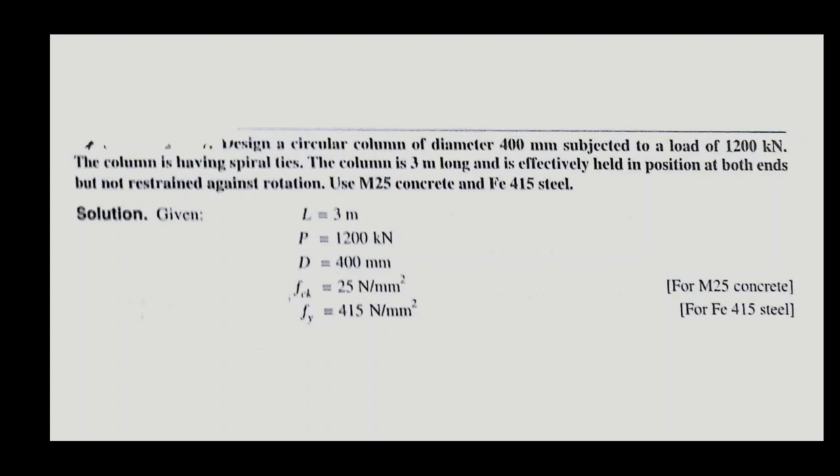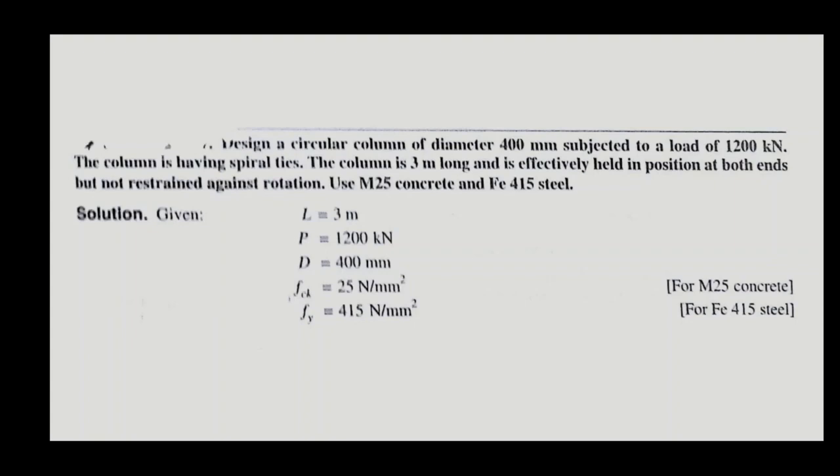Use M25 concrete and Fe415 steel. So this is the problem of helical reinforcement. We have to design a circular column with helical reinforcement. End conditions are given here. So what is given in the question?